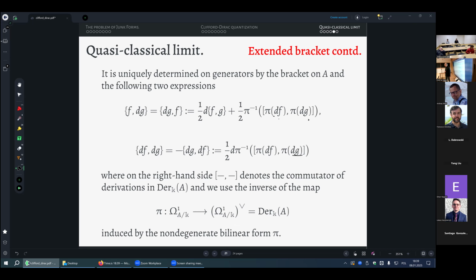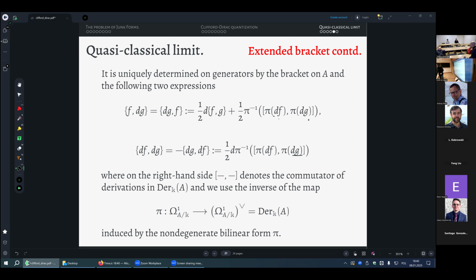Everything is trivial. So it's a specificity of this symmetric bracket. Because if f and g are symmetric, then for such an expression, this is the symmetric part and this is the anti-symmetric part, and this has only the anti-symmetric part.